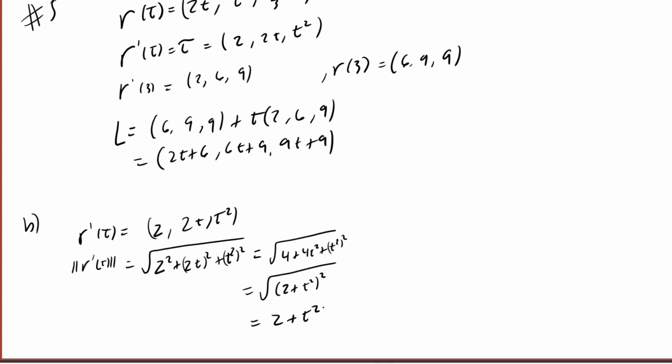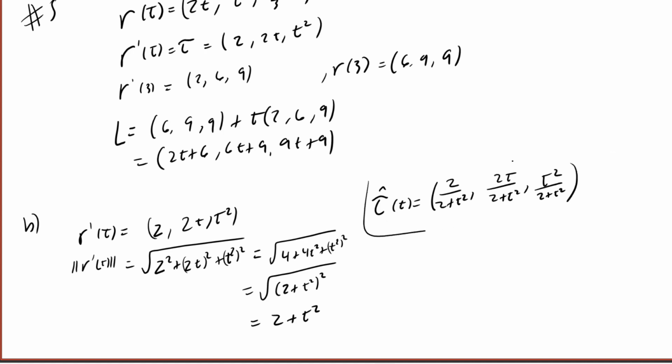Okay, so this tells me that my unit tangent vector is going to be 2 over 2 plus t squared, 2t over 2 plus t squared, and t squared over 2 plus t squared. So that's my unit tangent vector.